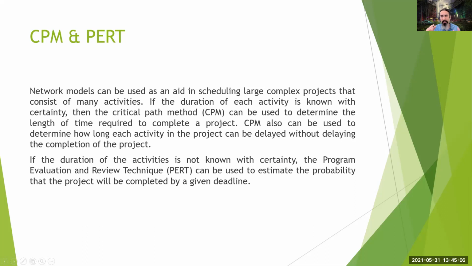The CPM and PERT. Now, CPM and PERT is just a bit more complex than shortest path, but PERT gives us a bit more probability in optimization, but just a bit more. Nothing serious, just expected value and variances in there.